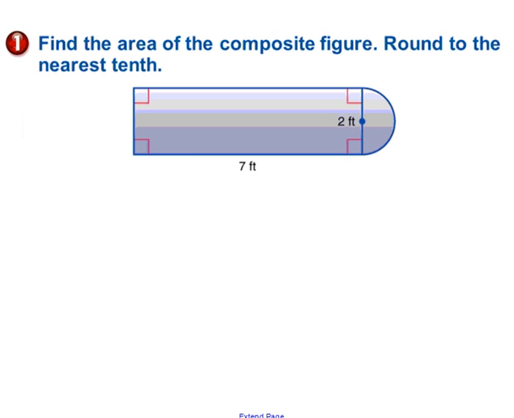Moving on to another problem. Very similar problem, but in this case we only deal with one semicircle. So I'm going to say the area of the circle is equal to pi r squared. In this case, it's pi times 1 squared.